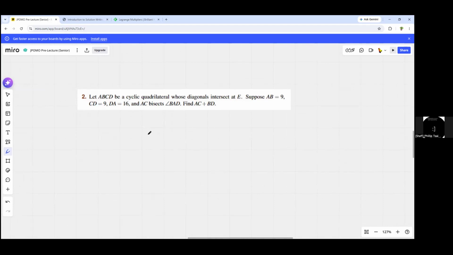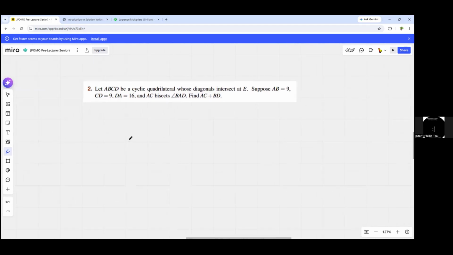Okay, I will draw a figure here, just to make viewing it a bit easier, to visualize.